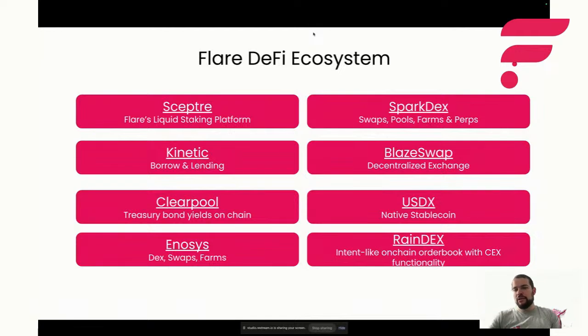We have a native stablecoin, treasury bonds, borrowing and yielding, and we have a really nice intent-like on-chain order book where you can have centralized exchange functionality that is powered by intent, but always secured in the back by the FTSO system, where you know that the price is never deviating that much. So this is all.